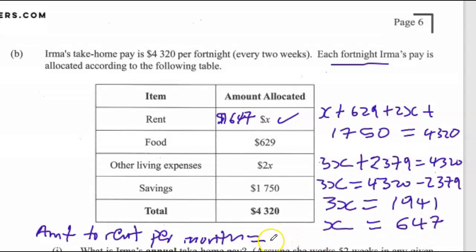Double 647, we get what? 1,294. So the amount to rent per month would be $1,294. And we get that value by multiplying the fortnightly amount times 2. 647 would be paid 2 times per month.